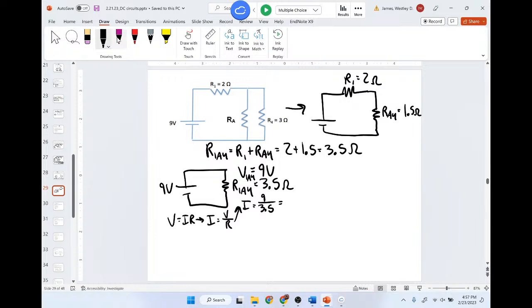And once we get that, I want you all to think, which of these values is useful for us? Is it the voltage or the current? Which is the one that's going to allow us to work backwards and start to find some values for the rest of the resistors?